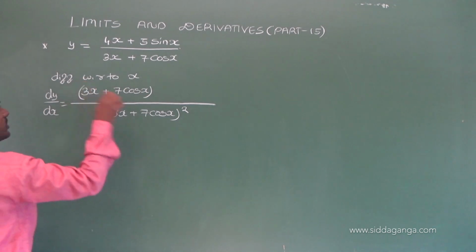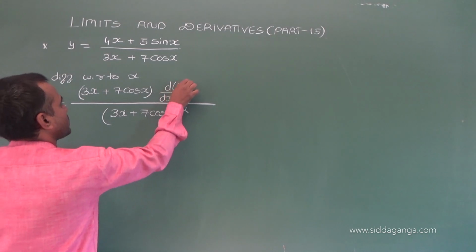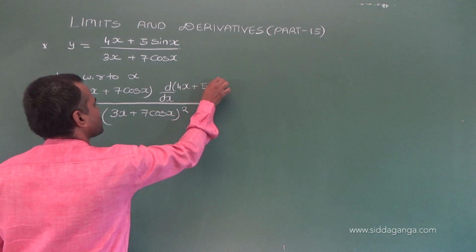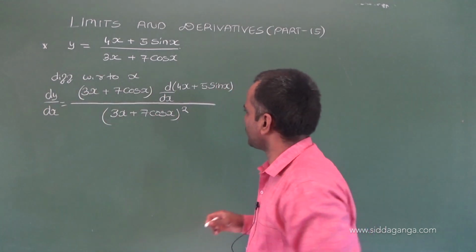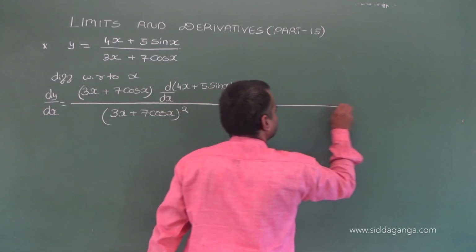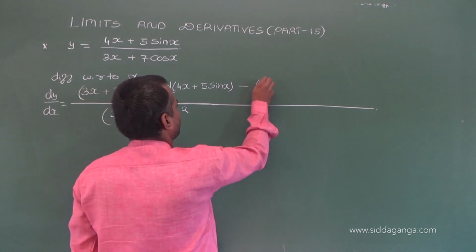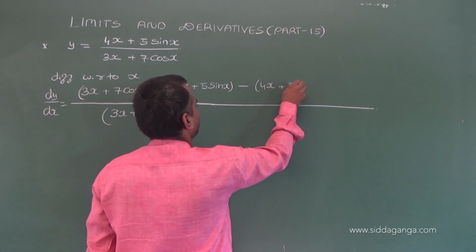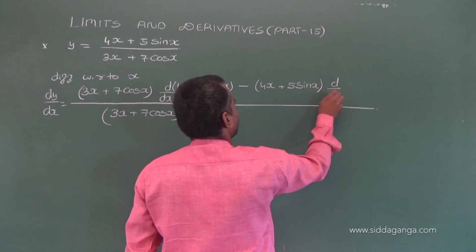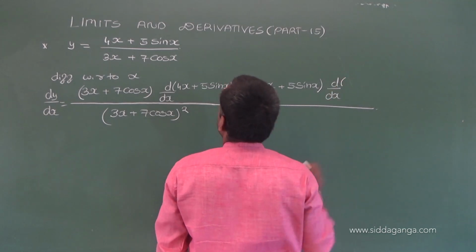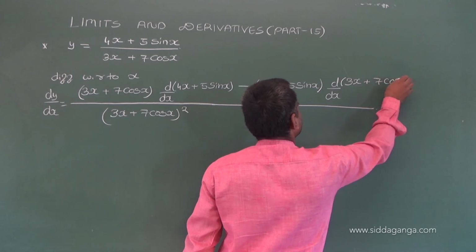into d by dx of 4x plus 5 sin x. Denominator into derivative of numerator, minus numerator, 4x plus 5 sin x, into d by dx of 3x plus 7 cos x.